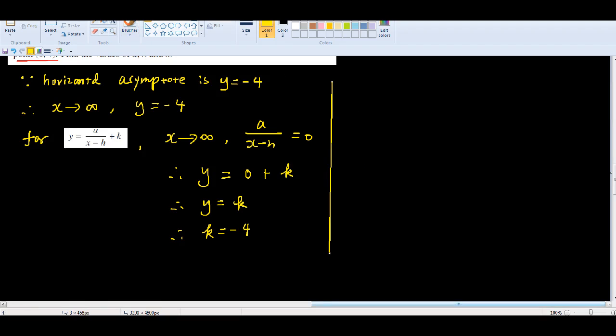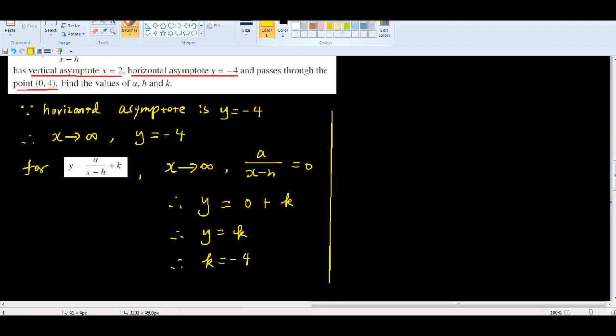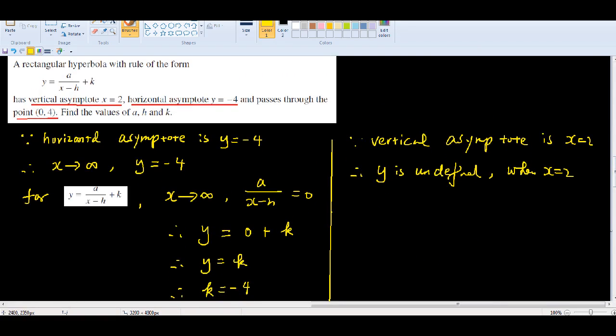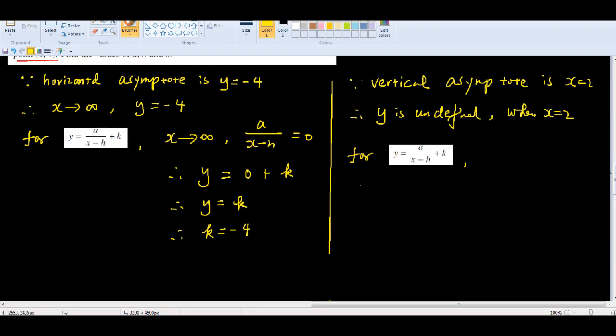Now let's see how we could use the vertical asymptote. Since the vertical asymptote is x equals 2, therefore y is undefined when x equals 2. Again, going back to this equation, when y is undefined, what happens? x minus h must be 0.